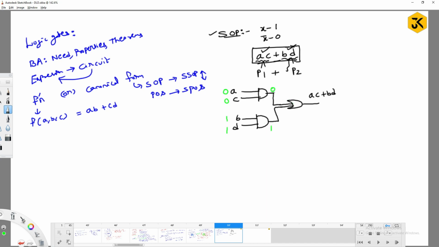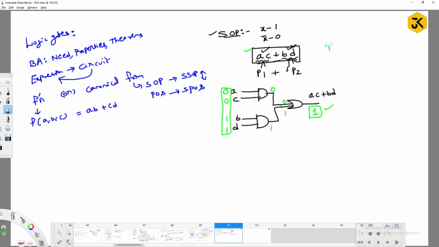Now on the OR gate, 0 or 1, so 0 or 1 means 1, and the result will be 1. Like this you can analyze. If you construct the truth table for this expression also, for the input 0011, your output will be 1.